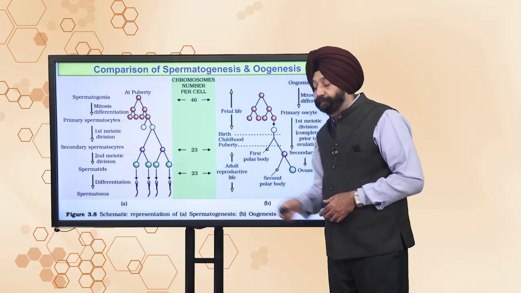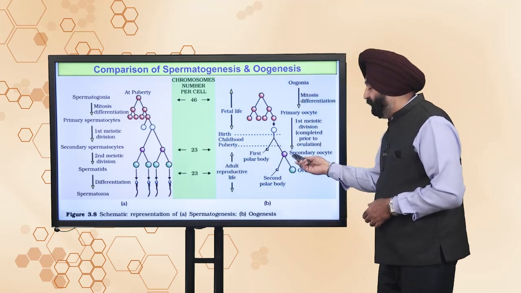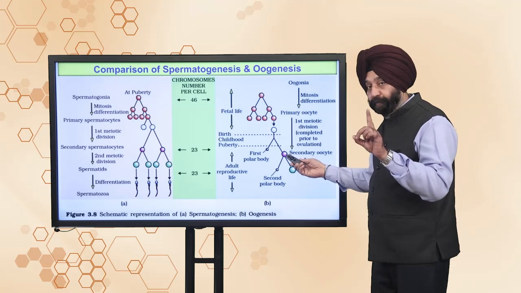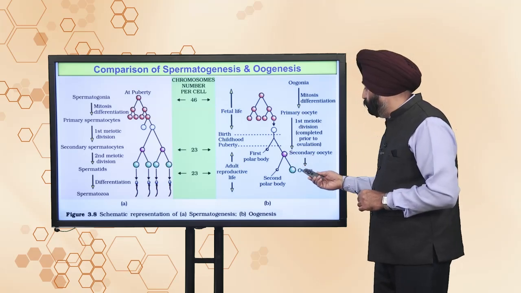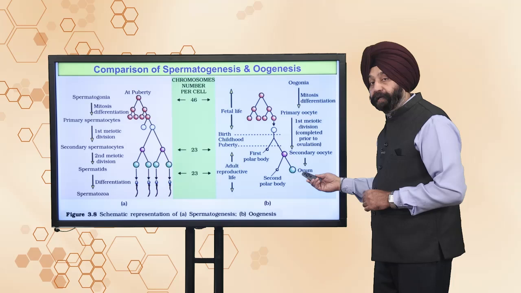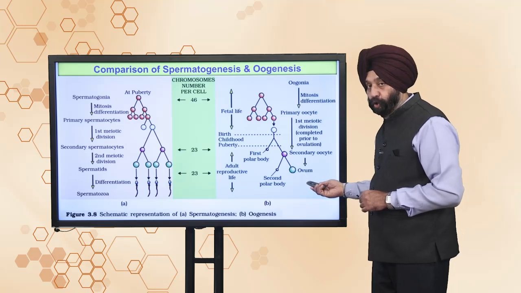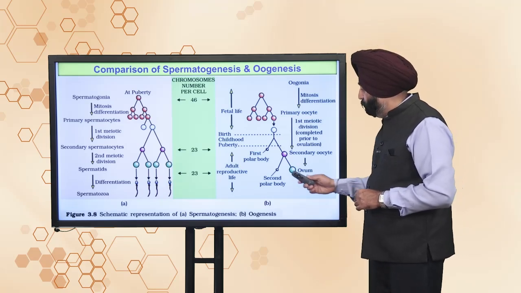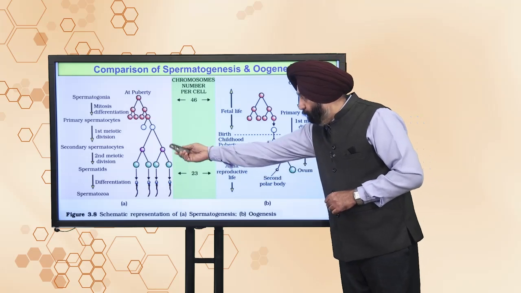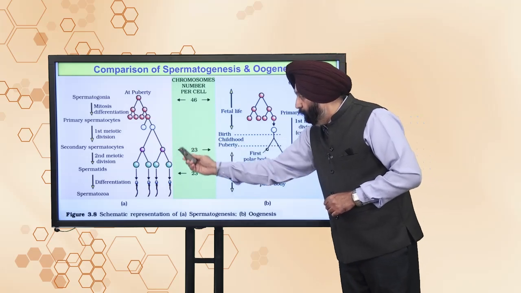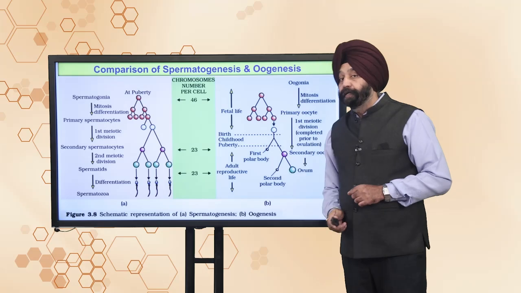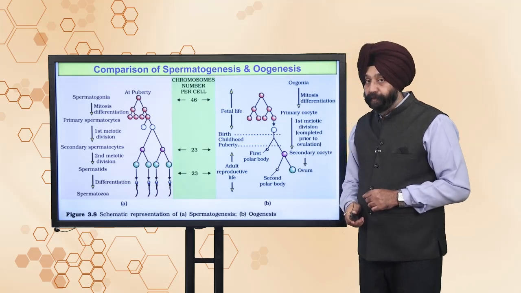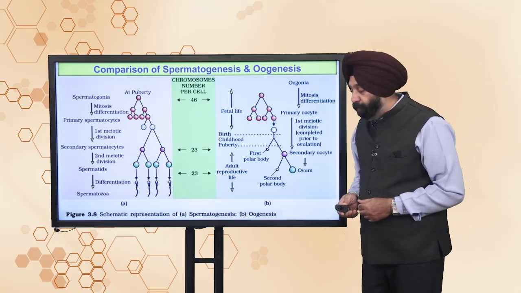The difference starts here. This secondary oocyte, the 1 oocyte that we have, undergoes meiosis II to form the final cell called the ovum, whereas in the case of spermatocytes, each one makes spermatids, and then the main difference starts.